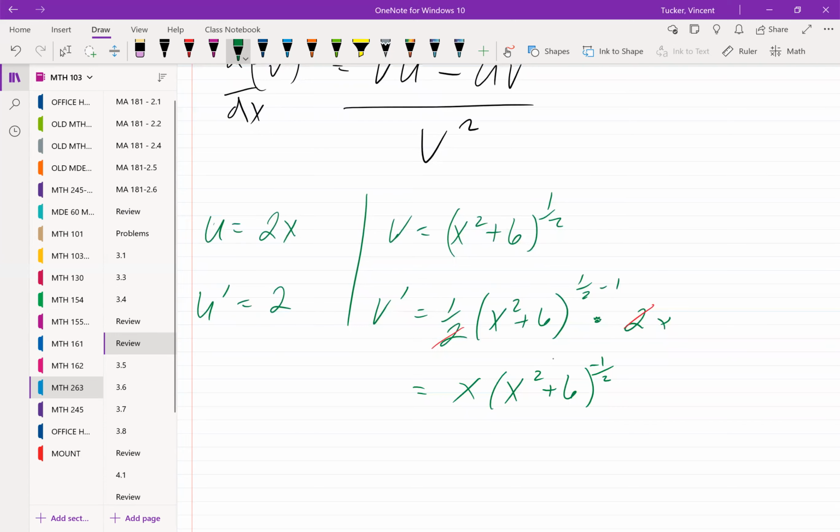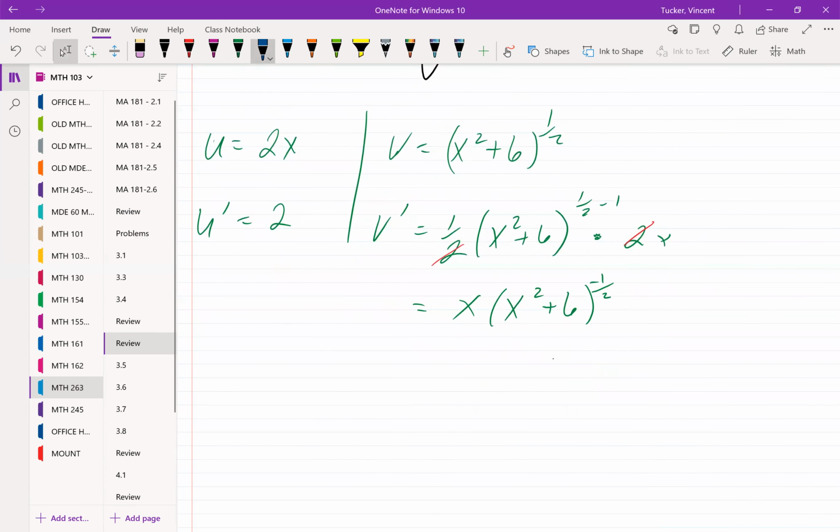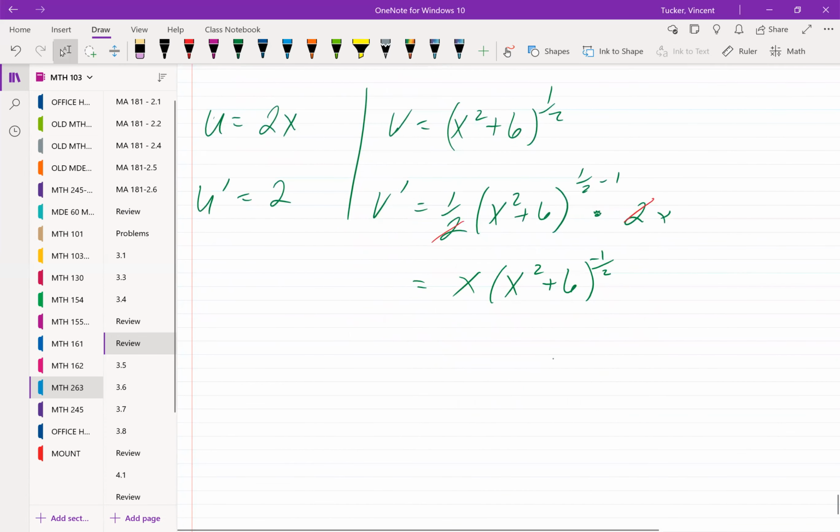That is it for that. So let's go ahead and plug it into the quotient rule formula. So v is x squared plus 6 to the 1/2 times u prime, which is 2.